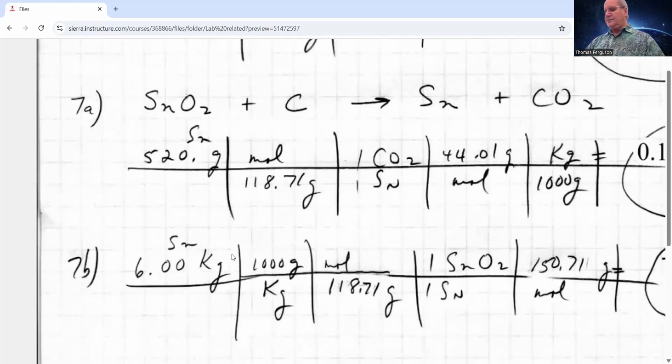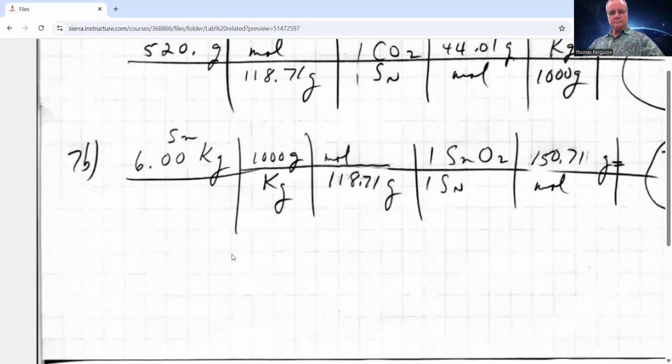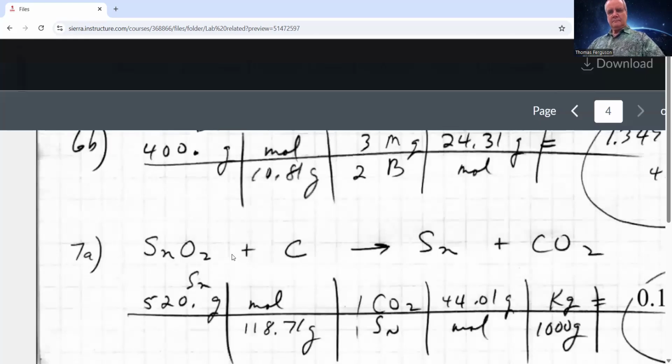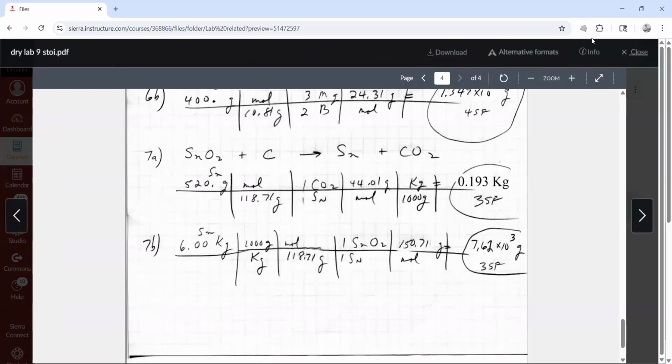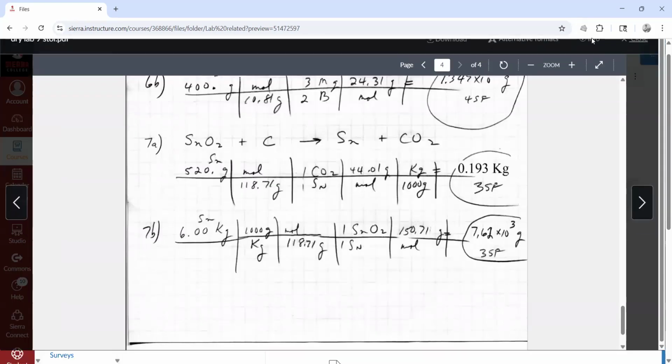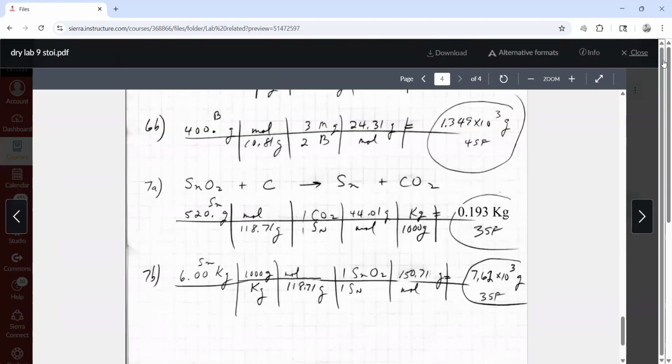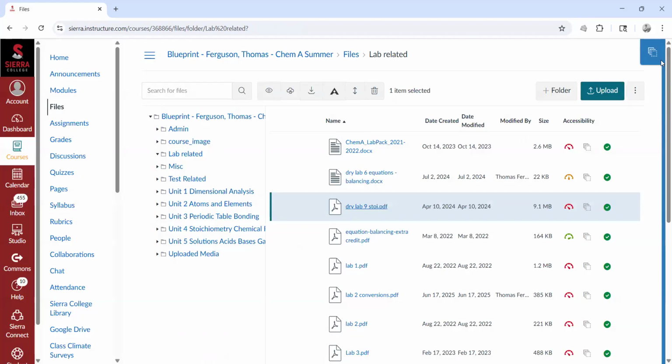Convert to moles, ratio from the balance equation, convert to what you're trying to calculate. In this case, we're trying to calculate kilograms. So that's a harbinger of what's coming. So that's your dry lab substitution.